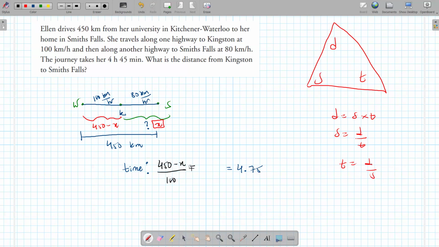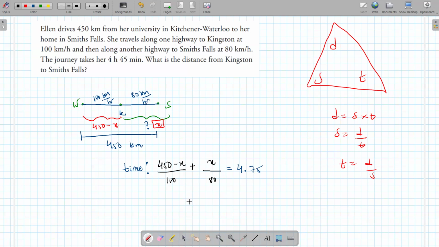What about on the next leg? From K to S, what's the time? x over 80. There we go, that's our equation.